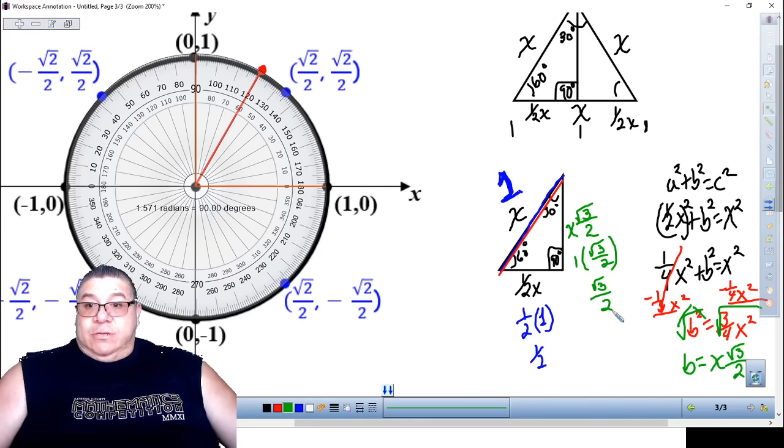All right, so what did we learn? That this height from here to here is square root of 3 over 2.